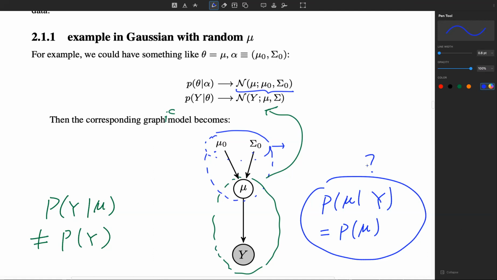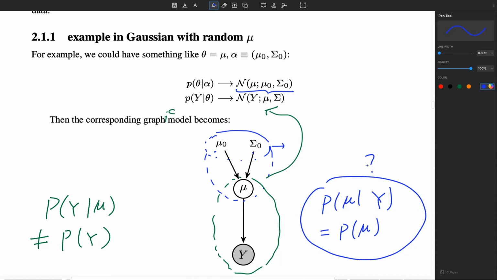Causality? Causality is the right word, but it's more of a different problem.